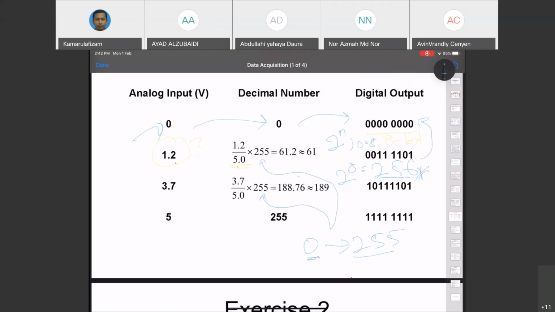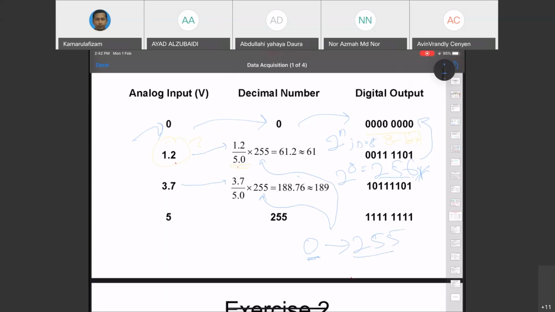All right, I hope that is very clear. This is the analog input value. You divide by 5 because 5 is your operating power supply, and when you want to convert to digital, you have to multiply by the full scale value of that digital representation. In this case, if you are working with 8-bit, our maximum value is 255.